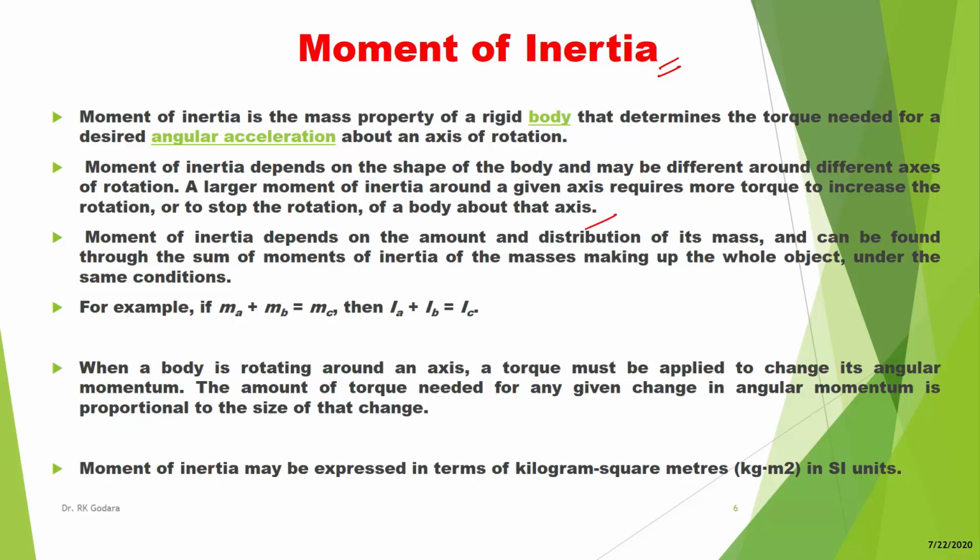And we can say the moment of inertia depends on the distribution of its mass and can be found through the sum of the moments of inertia of the masses making up that particular object under the same conditions. For example, if Mc is the sum of Ma and Mb masses, then the mass moment of inertia of object C is the sum of the mass moment of inertia of A plus that of B. And the unit of mass moment of inertia is kg·m², the SI unit.